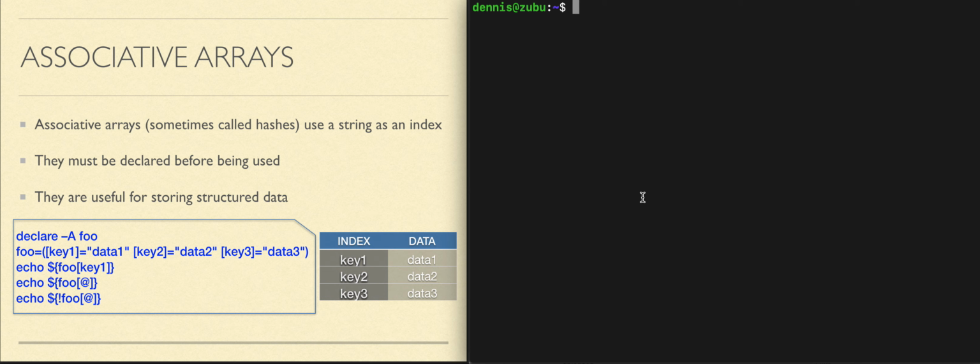The indexes themselves, the keys, in a standard numbered array are simply the numbers 0 up to one number less than the number of elements in the array. On the other hand, to retrieve the keys from an associative array, we have a different syntax.